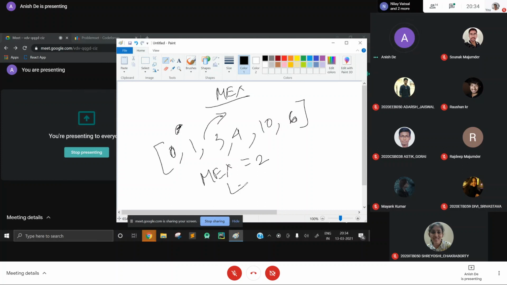So it's basically the smallest non-negative number which is not present in the array.